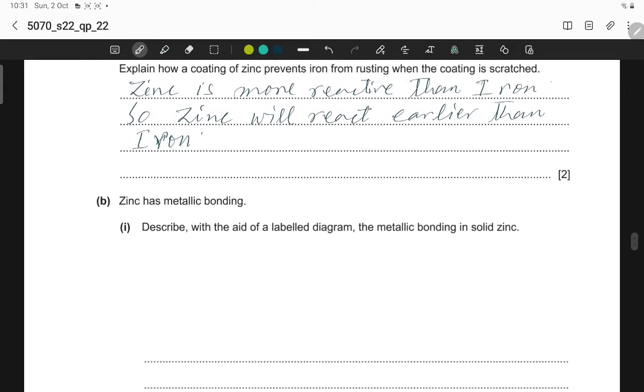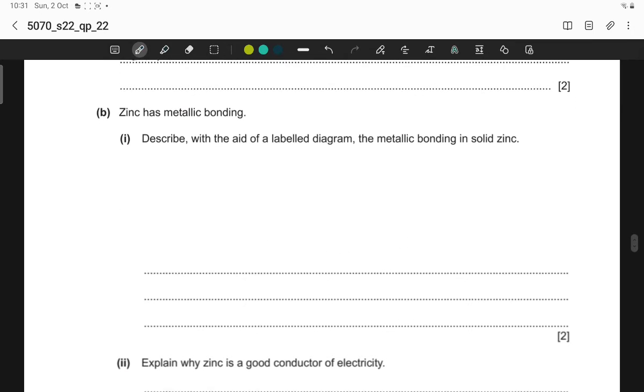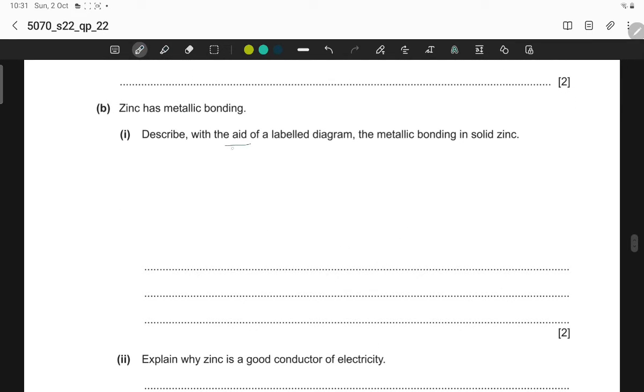Zinc has metallic bonding. Describe with the aid of a labelled diagram the metallic bonding in solid zinc.